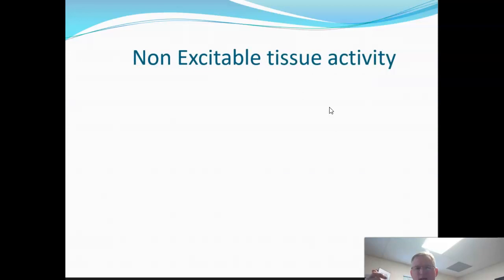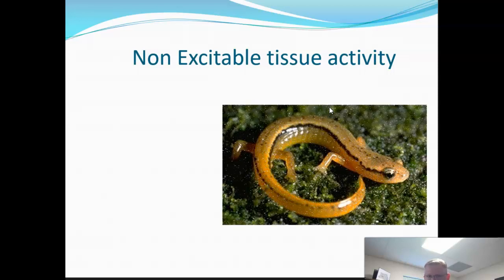All right, so now I'm going non-excitable. The two I just talked about, muscles and nerves, are in the category of excitable tissues. With the parameters that we use, we can directly affect the function of the nerves and muscles. Now we go to non-excitable tissues. This is where you start to get into a gray area, like you really have to believe some of these things.